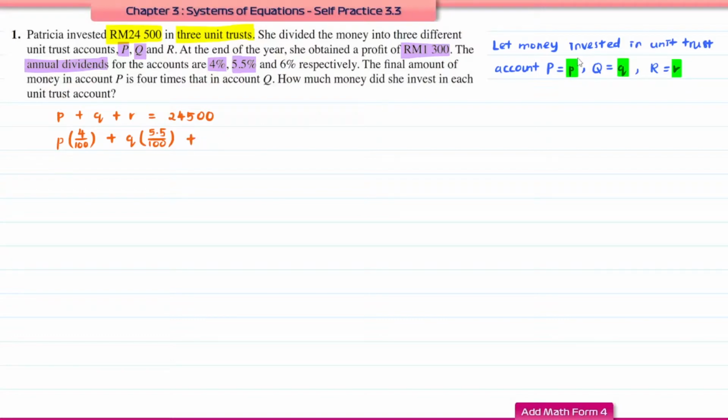And for the unit trust in account R, which is 6%, we multiply r with 6 over 100. And this is going to give you the answer of 1,300. Next, I'm going to multiply each of the terms here with 100.